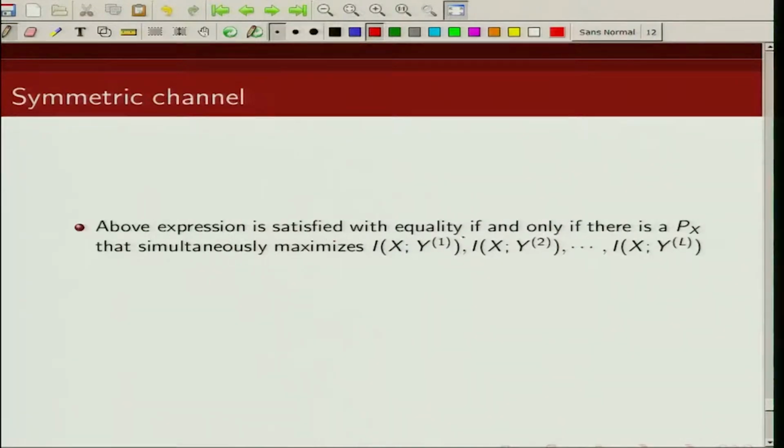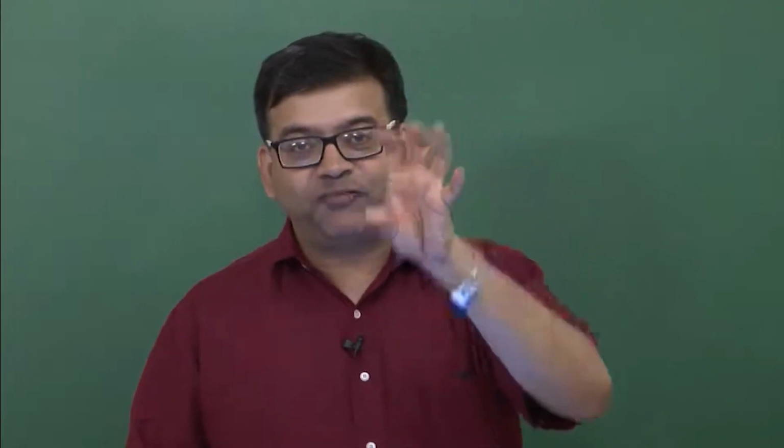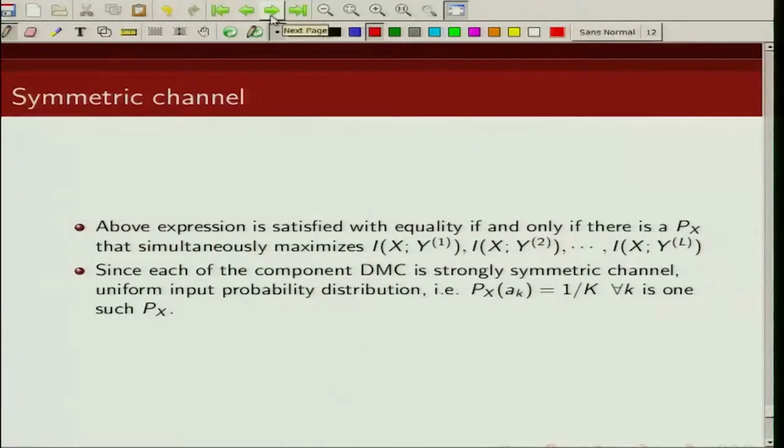So the above expression, as I said, is satisfied with equality if and only if there exists an input distribution that simultaneously maximizes the mutual information of each of these individual channels, and we know it is a uniform distribution that will maximize this. Why? Because each of these individual discrete memoryless channels is a strongly symmetric channel.